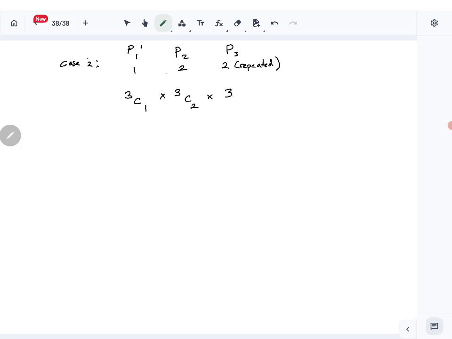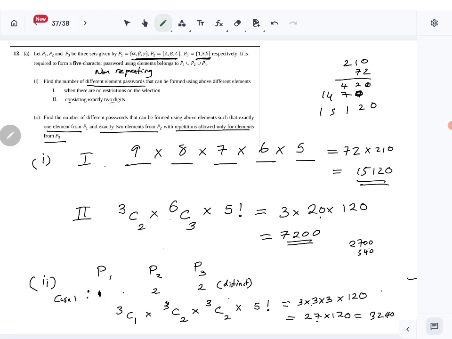There are 3 options, no? 3C1. Then the number of arrangements, 5 factorial over, this is repeating, no? So you have to divide by 2 factorial. So this is going to be 3 into 3 into 3 into 120 over 2. So that is half of what we found earlier.